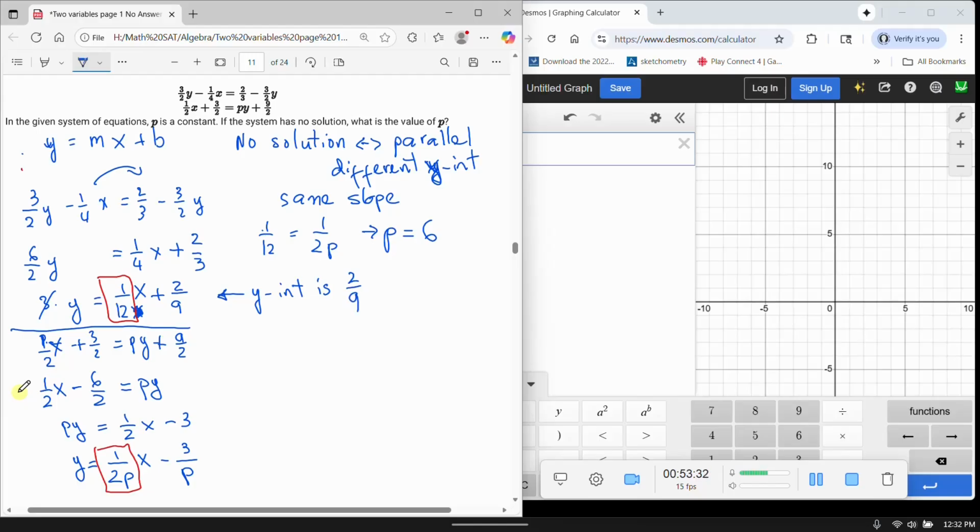With p equal to 6, the y-intercept for this would be negative 3 over 6, which is negative 1/2. So those two y-intercepts are not the same. So the answer is p equal to 6.